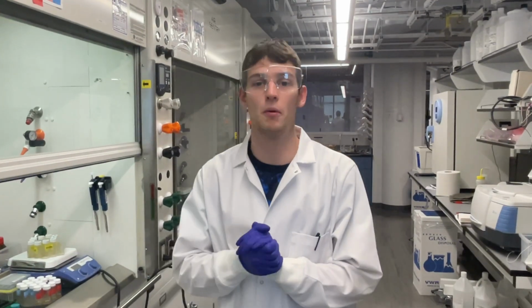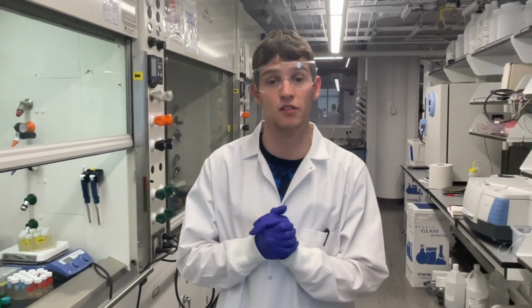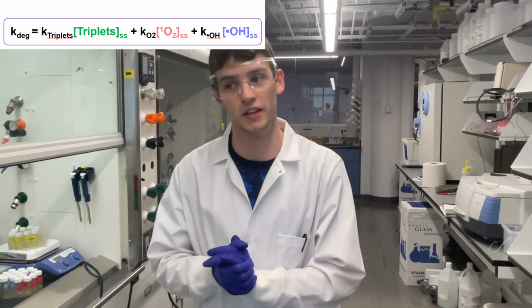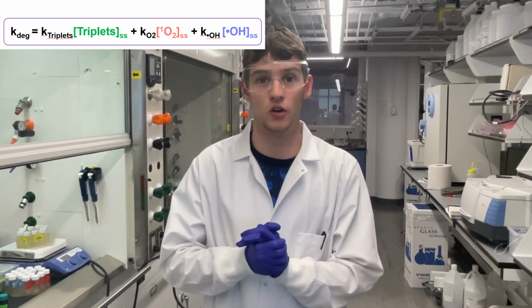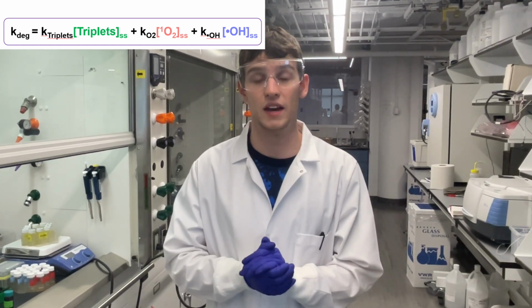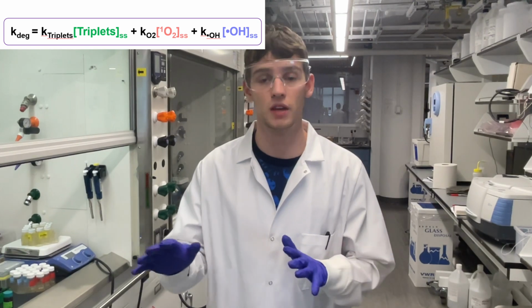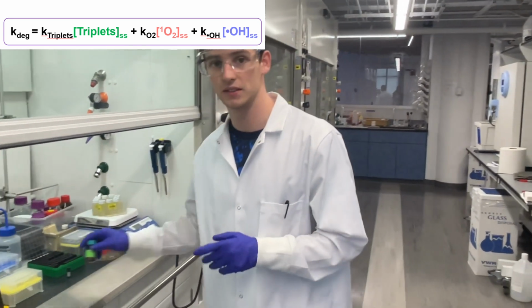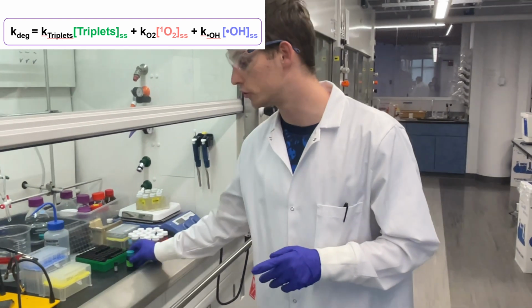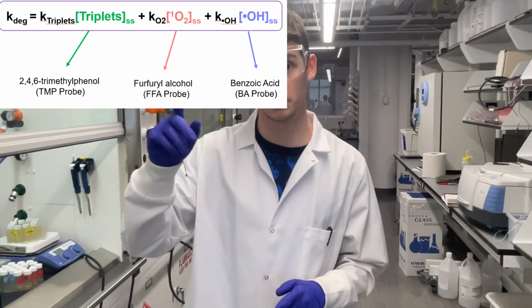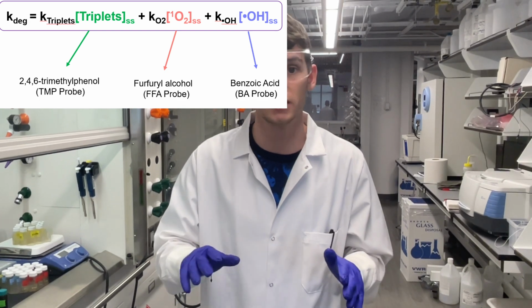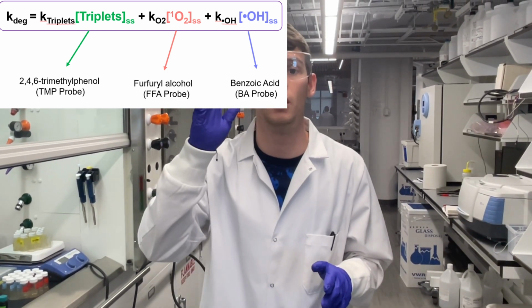Also, an important thing about my research is we're trying to develop a model, which is right now showing on your screen. This model is using different reactive species. It's different for each pesticide, not every pesticide has the same reactive species. To quantify the different species, we're using a probe. A probe molecule is just a molecule that we use to find the different species.